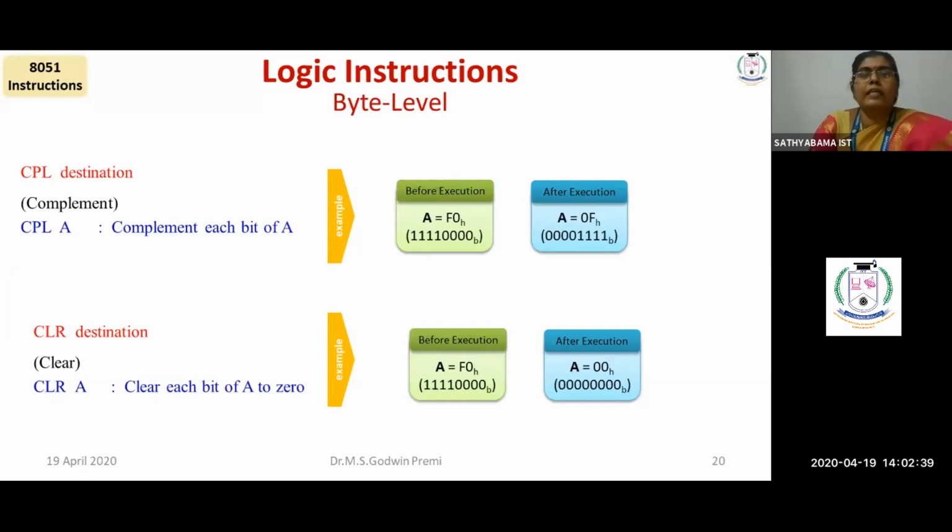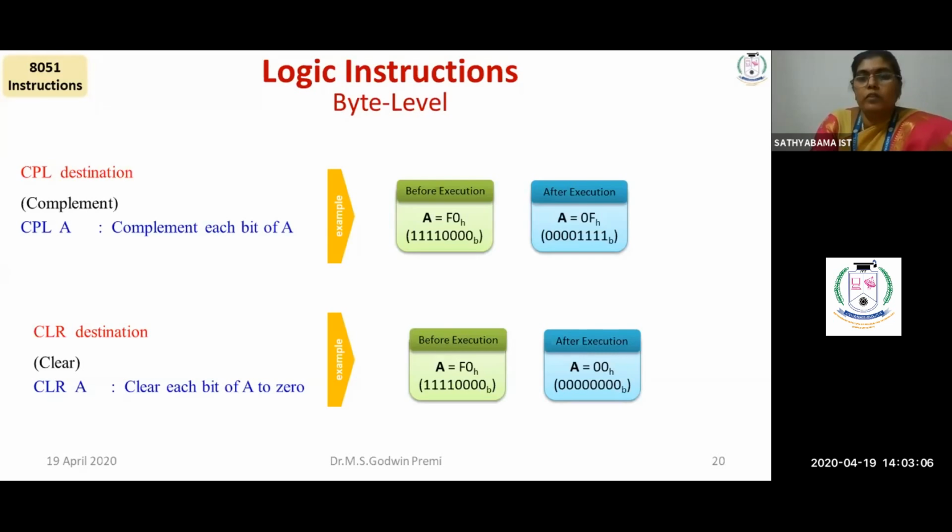Coming to the next one, in the logical instructions byte level, we had the complement and clear. The complement is CPL. Here we can have only one destination, that is accumulator. For clear also we can have only one destination, that is the accumulator. Complement is the content of accumulator is complemented. 1 will be changed to 0, 0 will be complemented to 1.